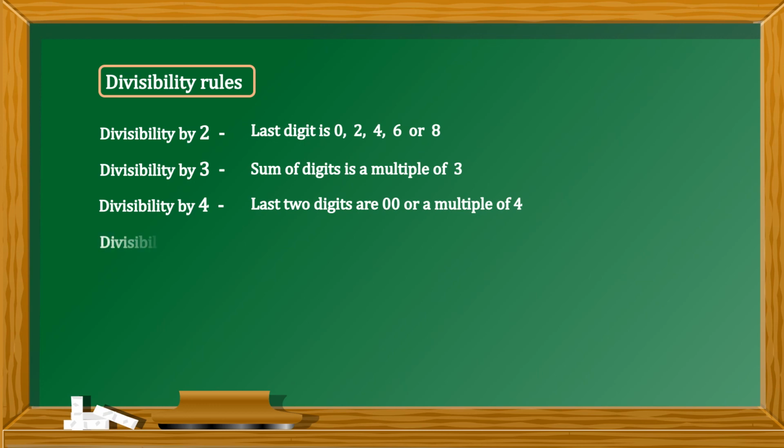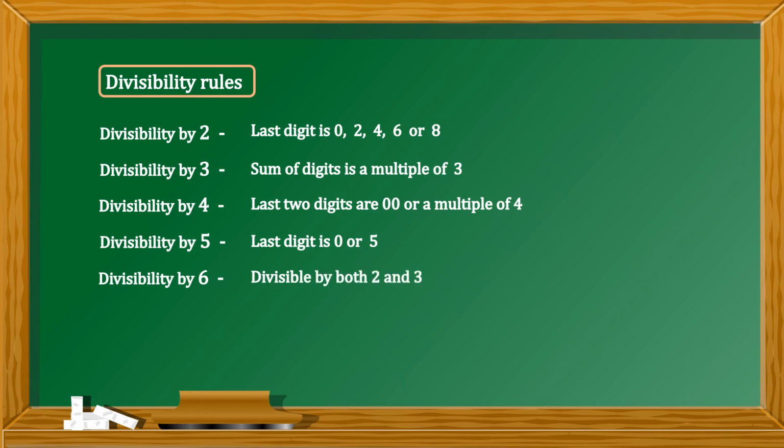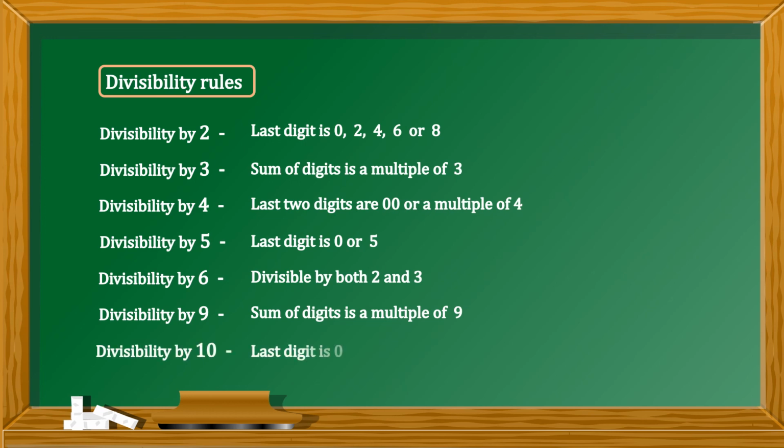For divisibility by 5, the last digit should be 0 or 5. For divisibility by 6, the number should be divisible by both 2 and 3. For divisibility by 9, the sum of the digits should be a multiple of 9. And for divisibility by 10, the last digit should be 0.